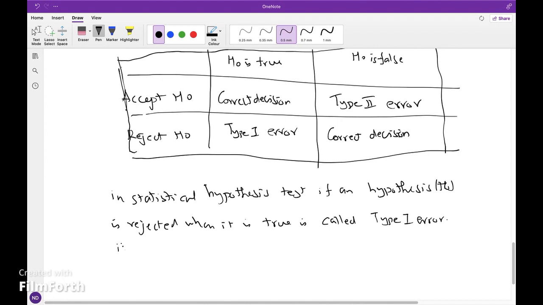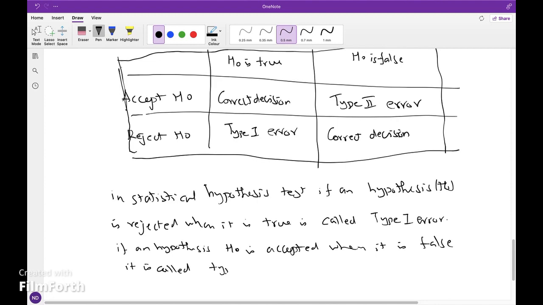And when hypothesis H0 is accepted when it is false, it is called type 2 error.